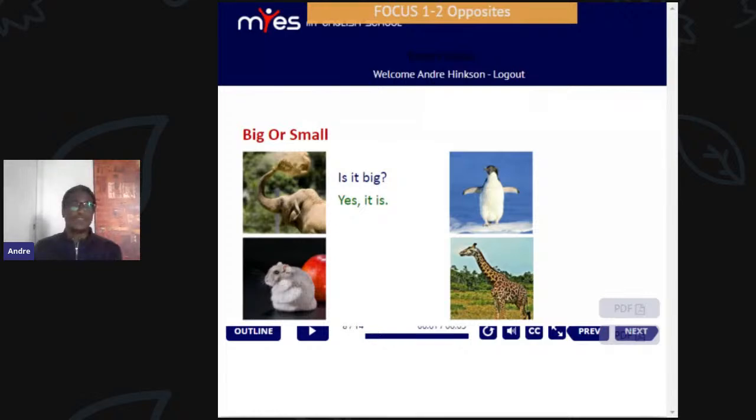I think there's a squid that is very, very big. It's a giant squid. But generally, on the land, the biggest animal is the elephant. So, is it big? Affirmative. Yes, it is.